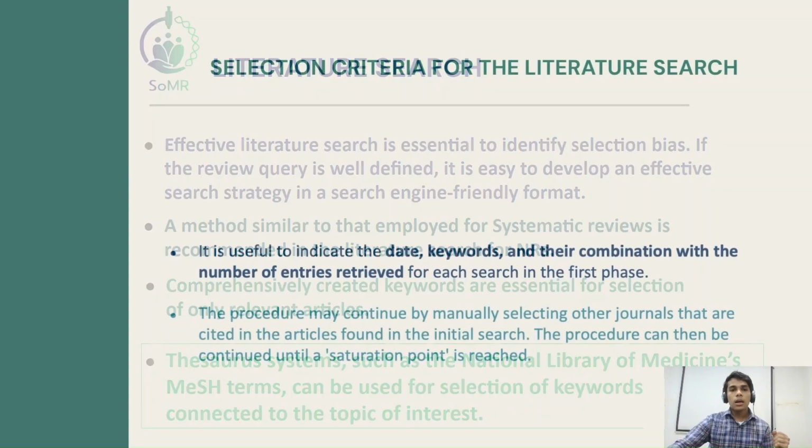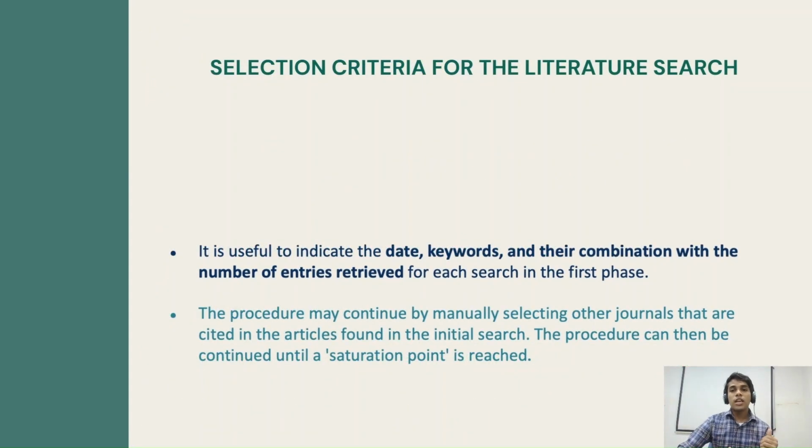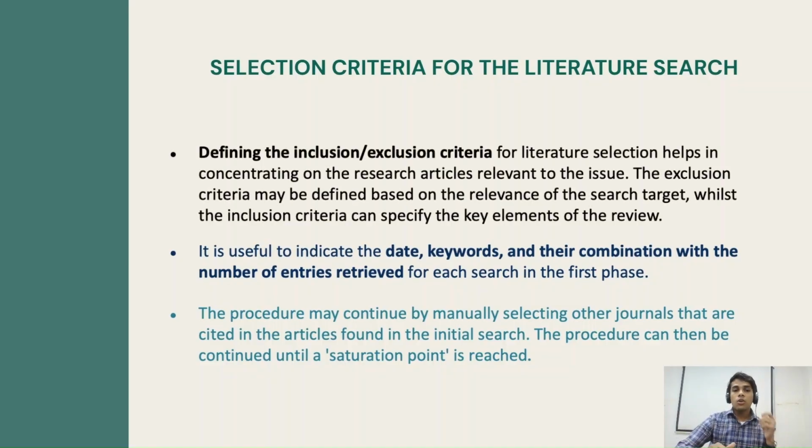Moving on, selection criteria for the literature search. Now you need to define the inclusion and exclusion criteria for literature selection. It helps in concentrating on the research articles relevant to the issue. As I discussed previously, a narrative review does not have a well-defined structure. You have a little gray area. So inclusion and exclusion criteria will not be very well defined.